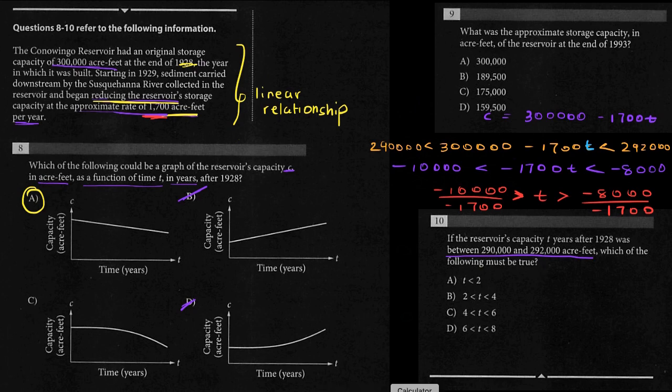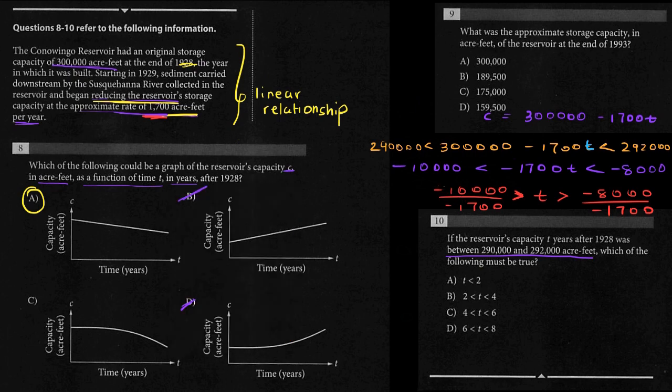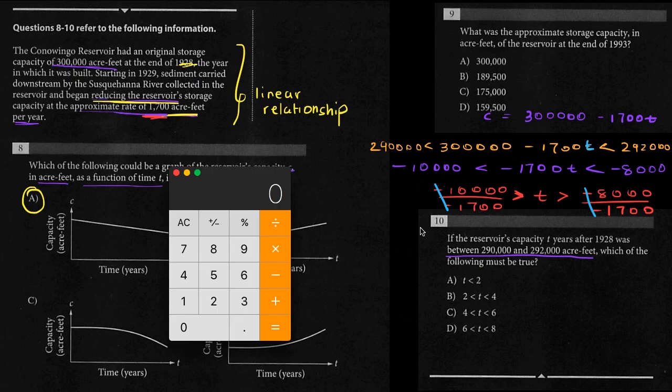Okay, and so if I put this into a calculator, it's negative over negative, so it's just going to cancel out. These are really just irrelevant, okay? And so our upper bound is going to be 10,000 divided by 1,700, that's going to be 5.88.